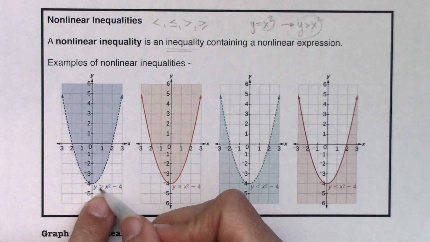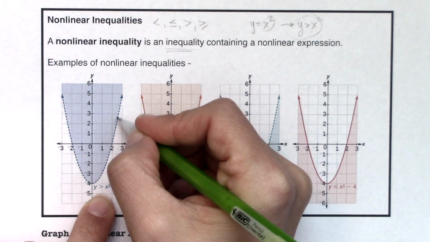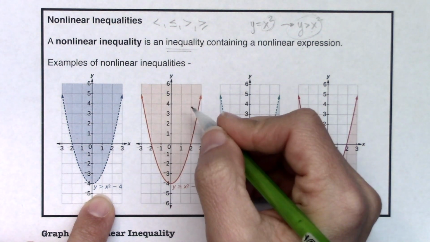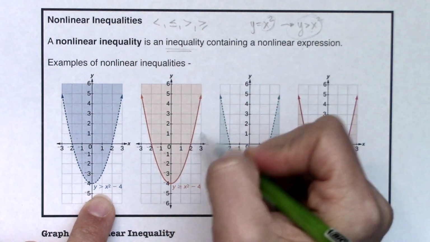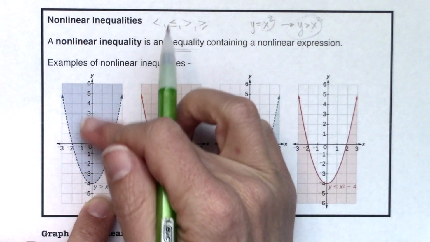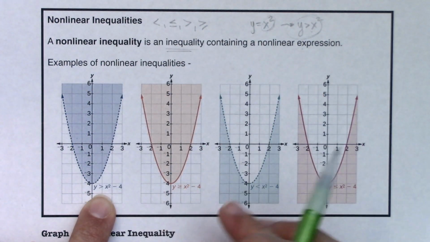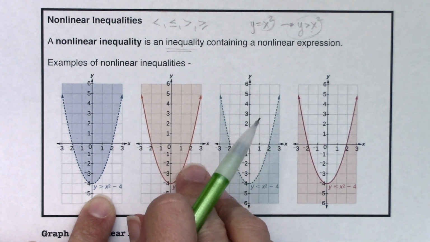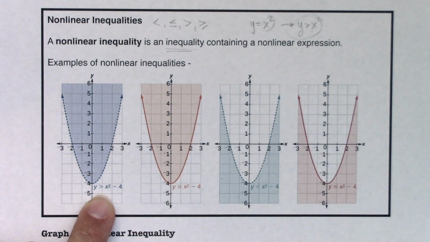You can see that because it's greater than, it's got a dotted line, right? As opposed to greater than or equal to, which is the solid line, because the equal to is the solid line, right? The shading is the greater than, the solid line is the equal to. That's why you include them both on greater than or equal to. Okay.